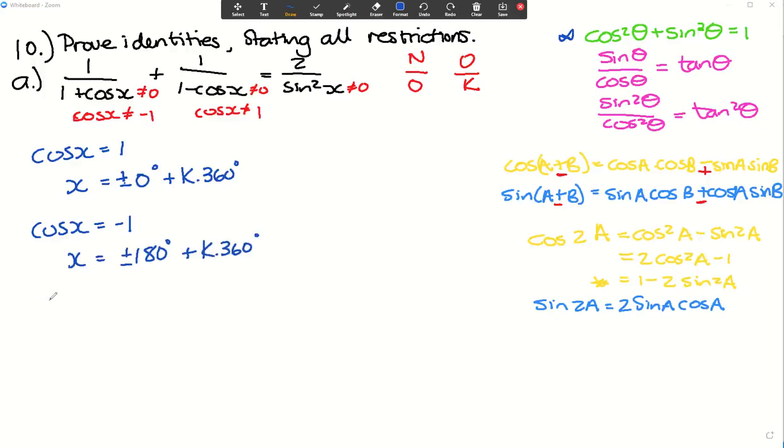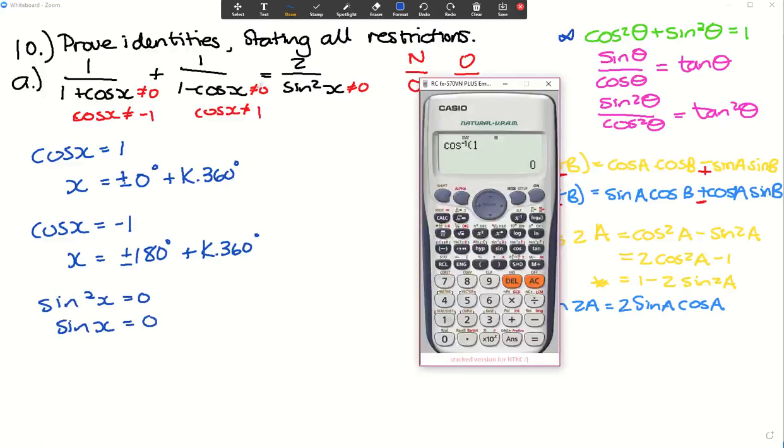And if you take sine squared x is equal to 0, if you square root 0, you're still left with sine x. And if you do shift sine 0, you end up getting 0 degrees as well.